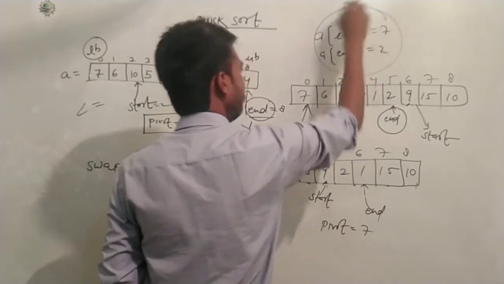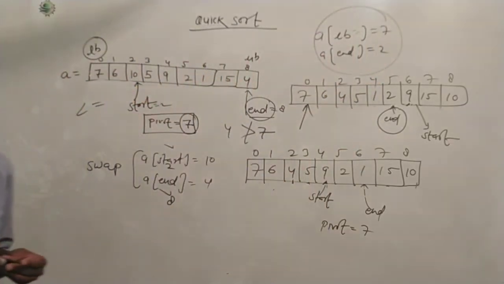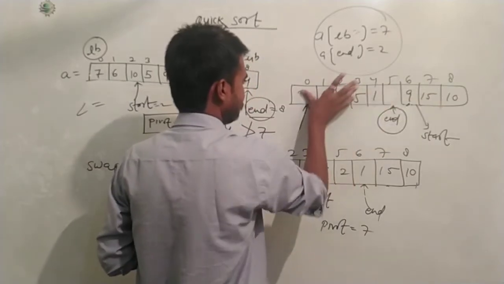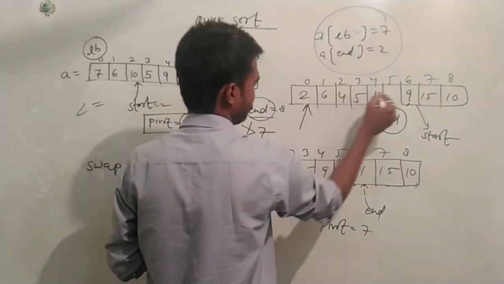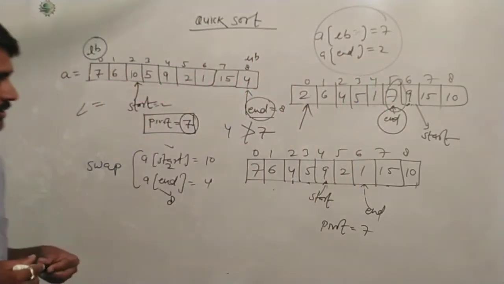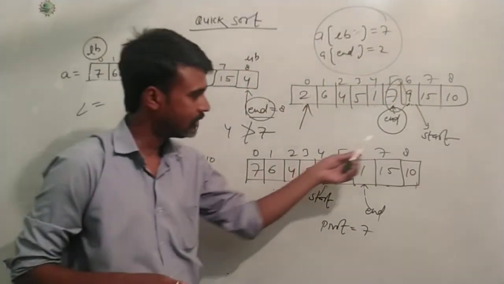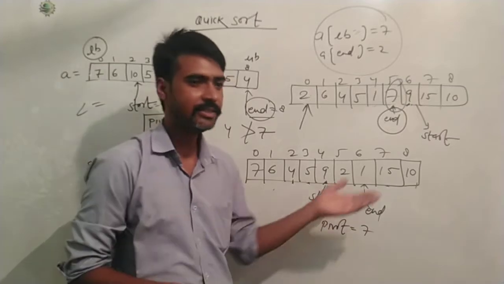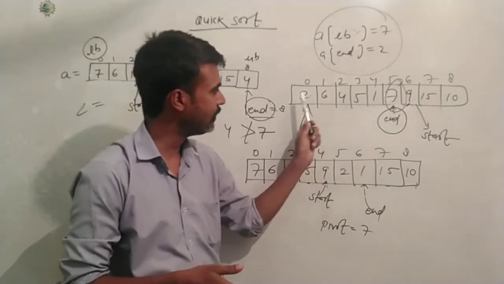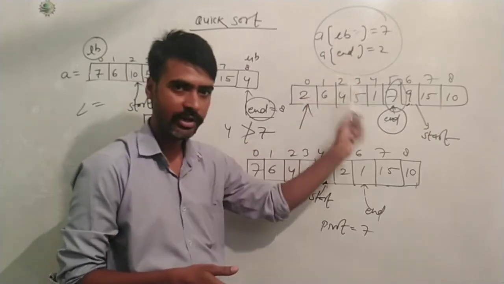So we have to swap these two values. So after this, when your start exceeds value of end, then we have to swap A of LB with A of end.